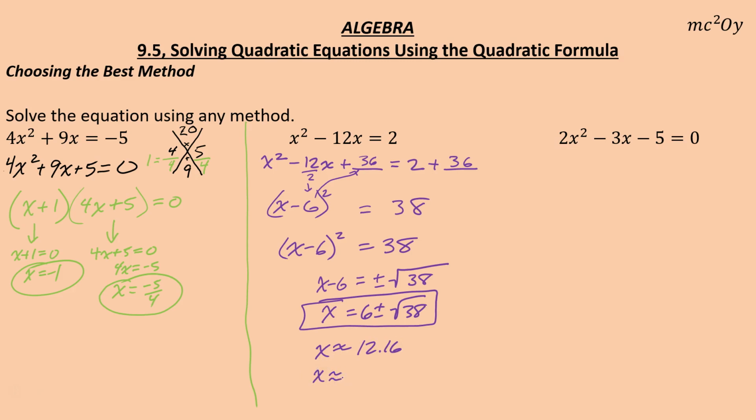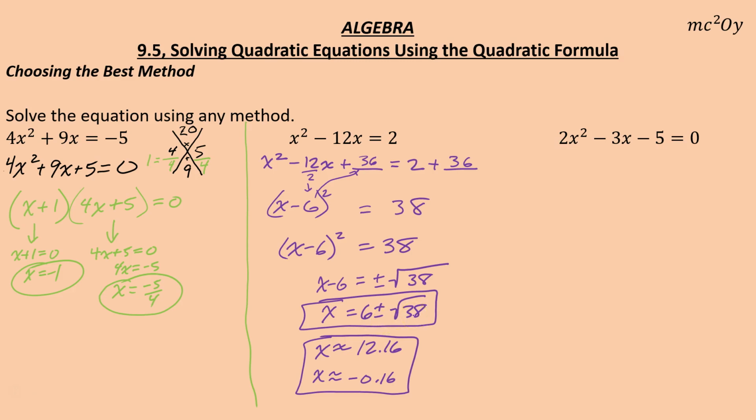And then 6 minus root 38, which happens to be negative 0.16. So these are also your solutions rounded. Just put them into your calculator and calculate them out. It just depends if it asks. And by the way, that's how you could report answers from the quadratic formula as well. At the end of the quadratic formula, you would end up with this.